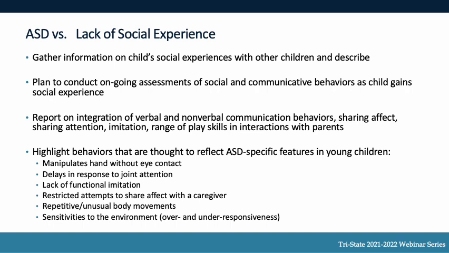It's really important, in my opinion, and this is not based on the research, but on my opinion from trying to do these assessments, to spend time observing and reporting on the integration of the pragmatics or the communication domain, so that you're really looking hard at whether or not these verbal and nonverbal communication behaviors, such as eye gaze, gestures, and facial expressions, are integrated in a smooth and reciprocal fashion.